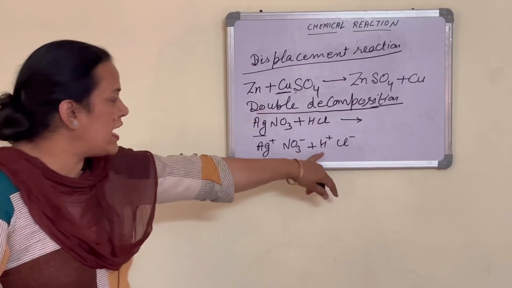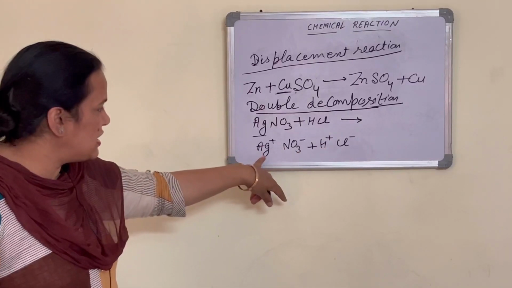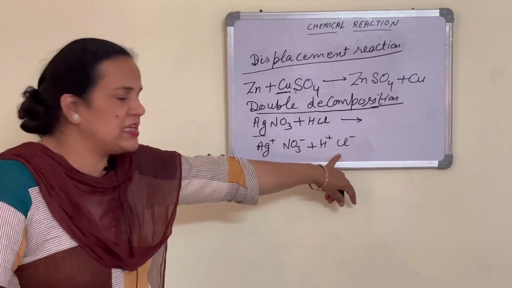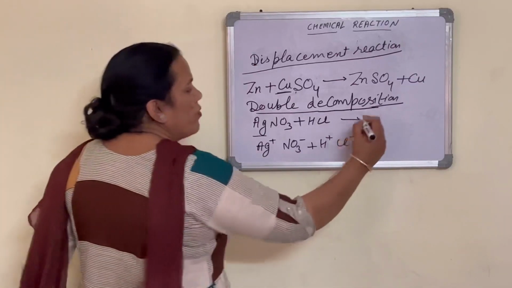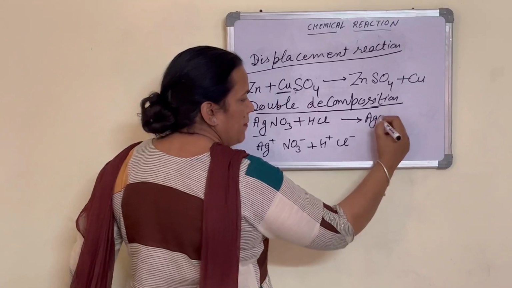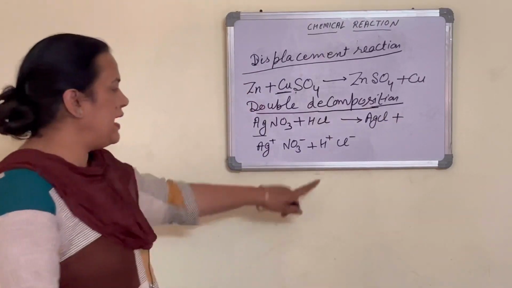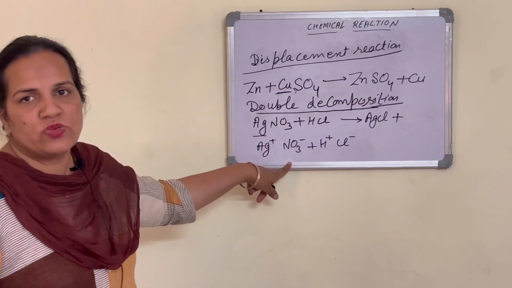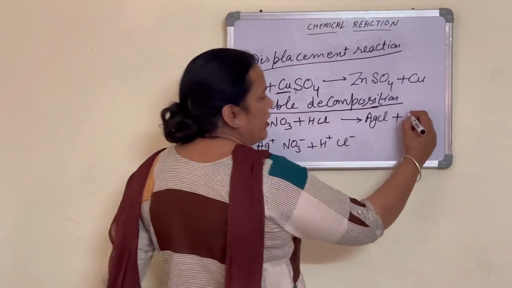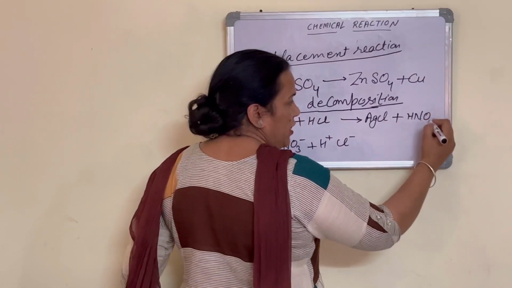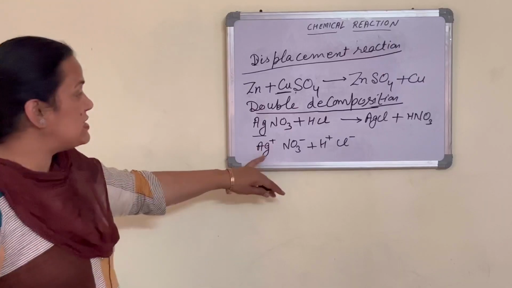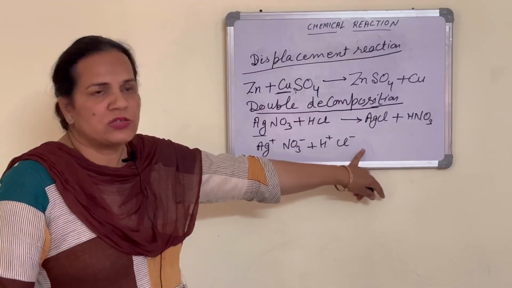Now opposite ions take the position. Ag positive combines with Cl negative to form AgCl. Similarly, H positive combines with the nitrate ion to form nitric acid, HNO3. Here, ions exchange their positions.